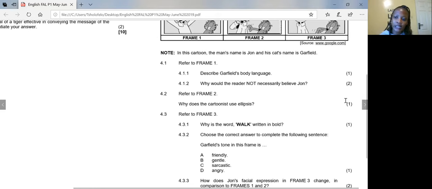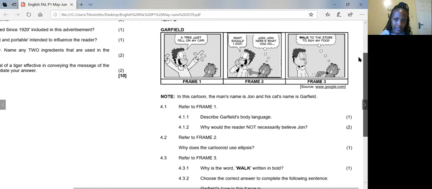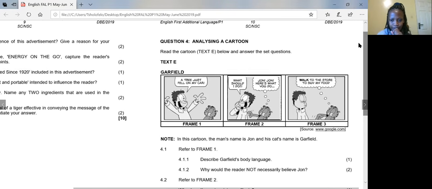Now, why do we say that Garfield is being sarcastic here? Remember, John is saying that a tree fell on his car. So if perhaps he was saying the truth, in normal circumstances you would expect somebody to sympathize with him, to say, oh, what happened? Oh, I'm sorry for your car. But then Garfield is like, dude, you can just go to the store and get me food.